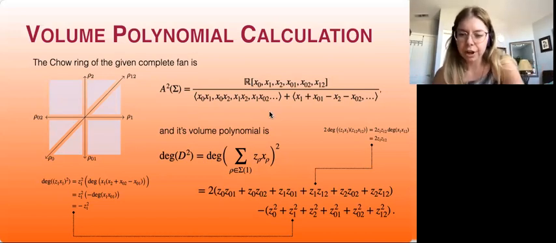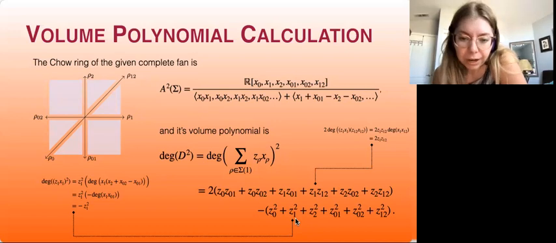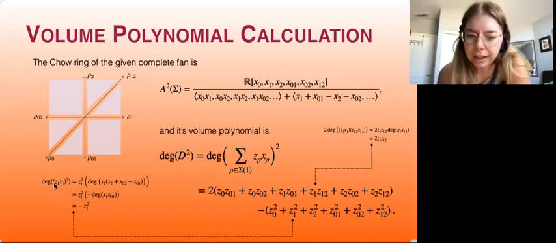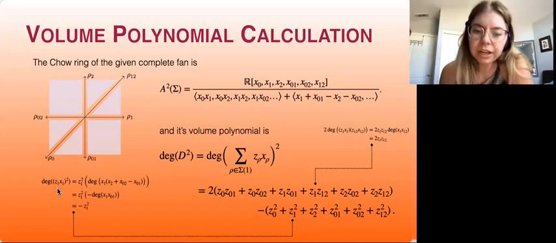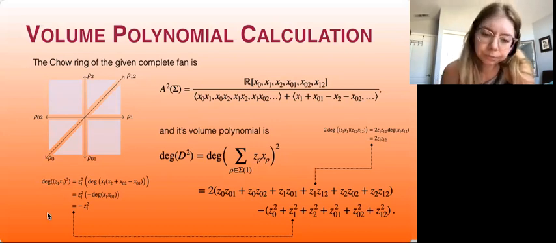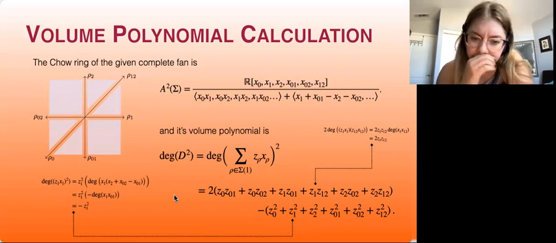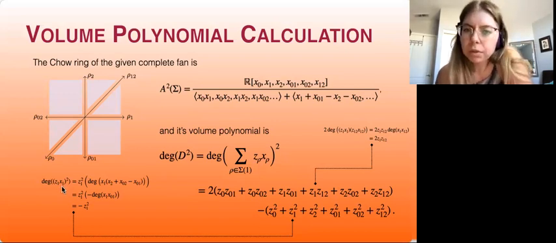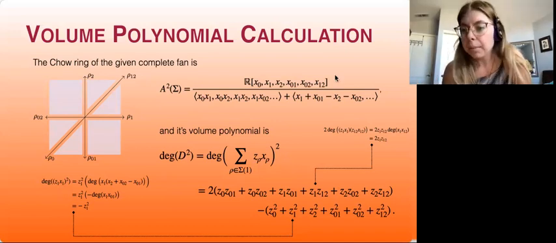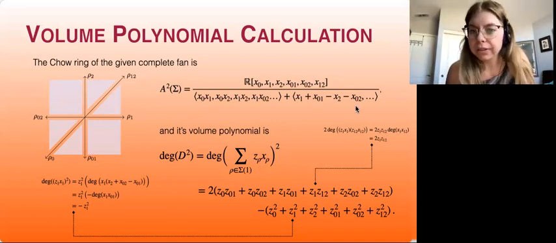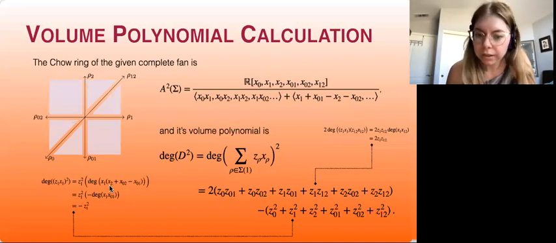So those are gone. For the square monomials, we get them when we are taking the degree of something like z1 x1 squared. I can pull out the z1 just the same, and then I'm left with this x1 squared. The degree map doesn't know what to do with that, but we can use the equivalences in the second ideal to rewrite one of the x1s in terms of these variables.